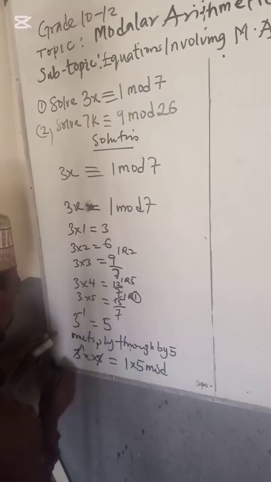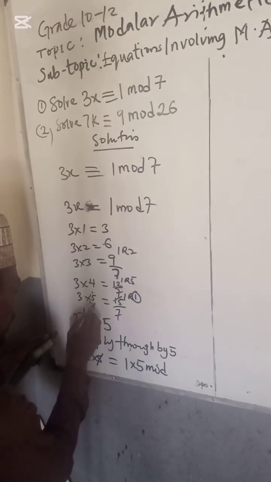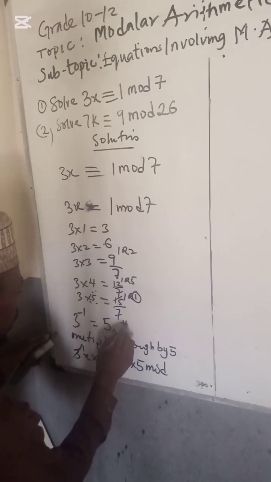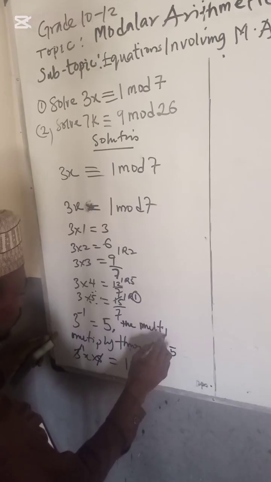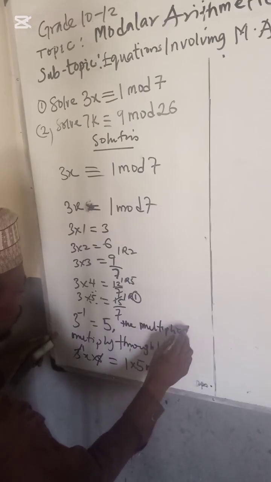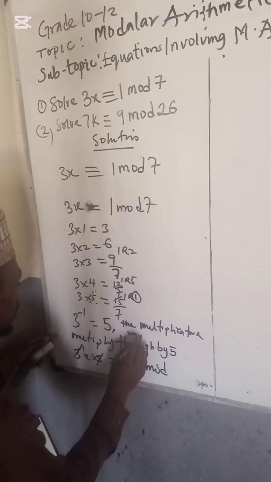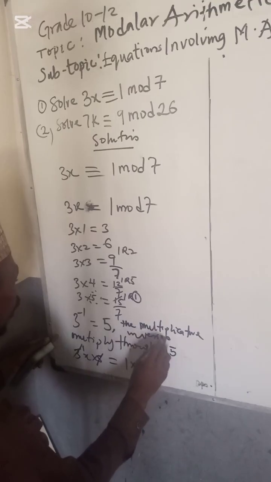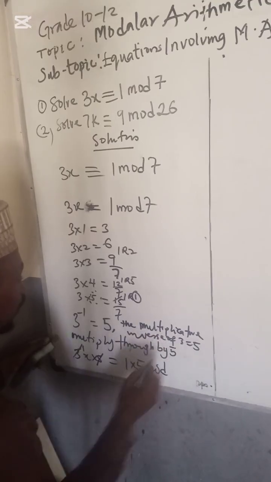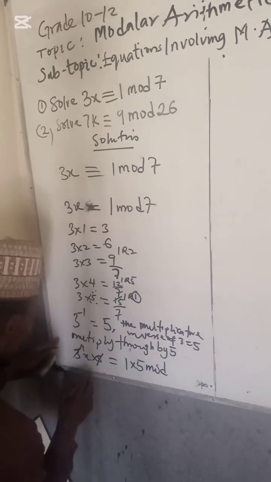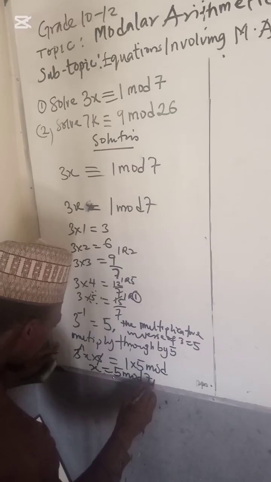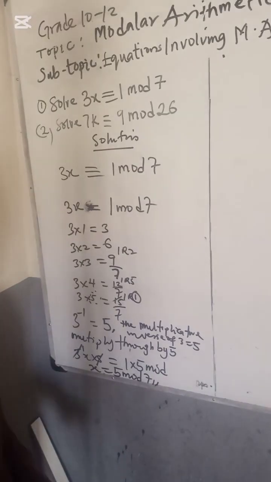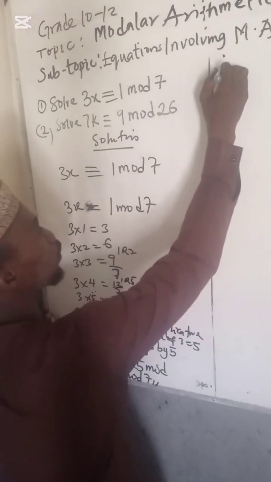This inverse will take this one away as we showcased. The multiplicative inverse of 3 is 5 under modular 7. So we have x equals 5 mod 7. This is our answer.